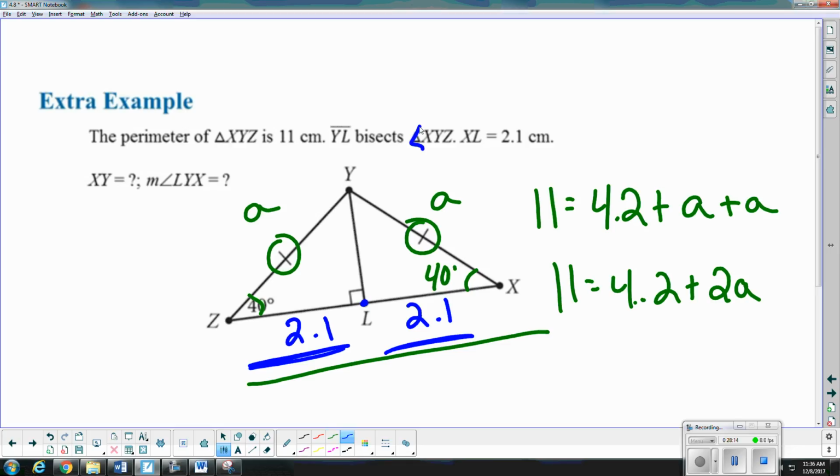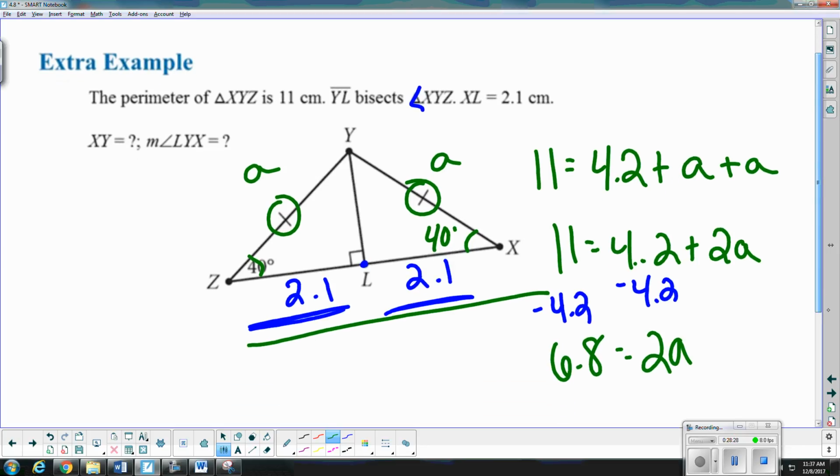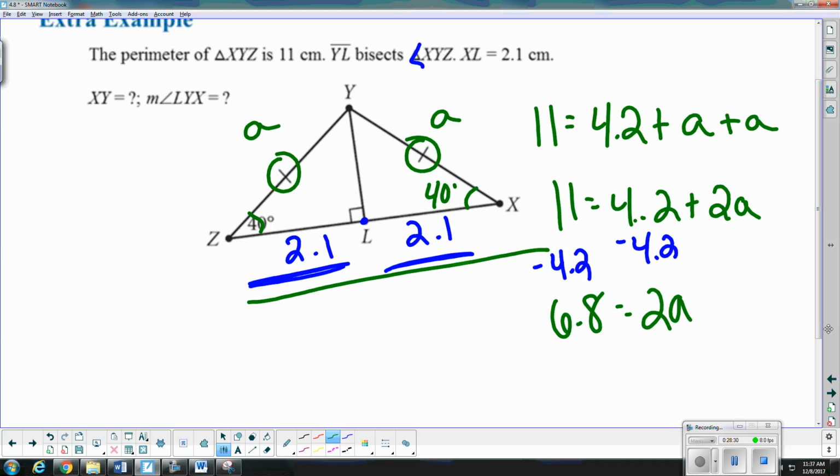Then we do a little bit of algebra, subtract 4.2 from both sides, and we get 6.8 equals 2 times the last side that we don't know, which we're calling A. To solve for that side, we divide both sides by 2. So it gives us A equals 3.4 centimeters.